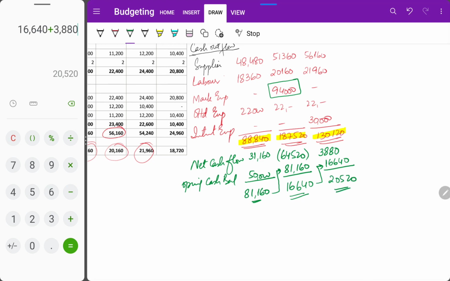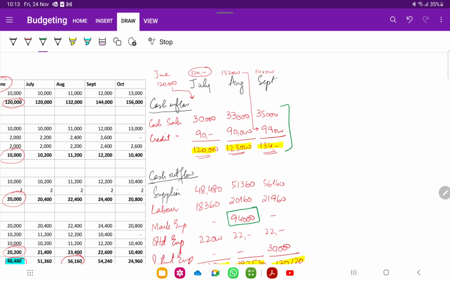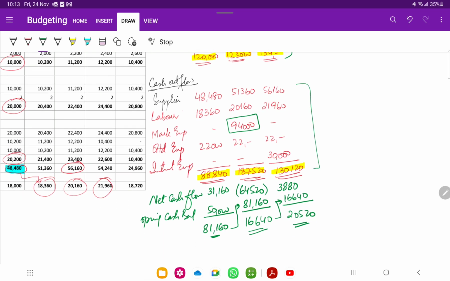So this is how we prepare a cash budget, because all you need to do is forecast the inflow, forecast the outflow, and then see how much balance you will have at the end of the period. In case of a positive cash balance, we search for opportunities for investment, maybe in the short term. And if the company foresees a deficit, obviously you have to figure out how you can reduce it.